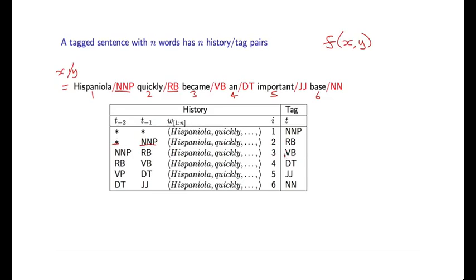The third tagging decision is VB, and the previous 2 tags are NNP and RB. And so on. We have determiner at the 4th position, adjective at the 5th position, base at the 6th position. In each of these cases the sentence is staying constant, but we have the position of the particular tag indicated, and the previous 2 tags change as we modify the position in the sentence.